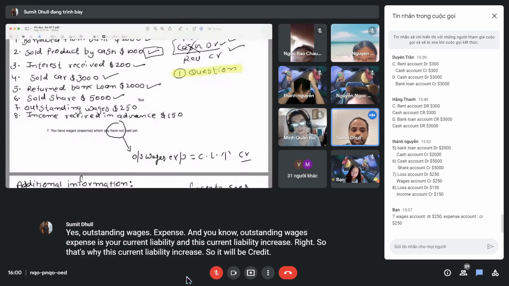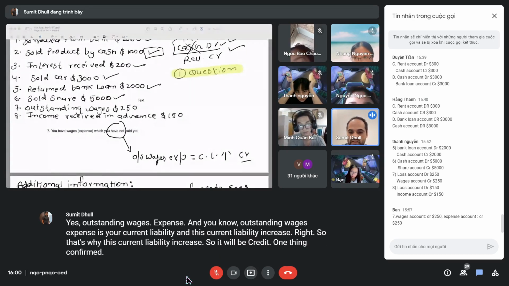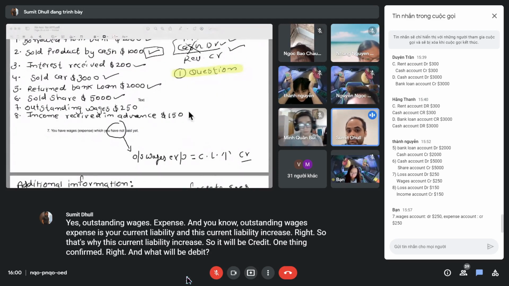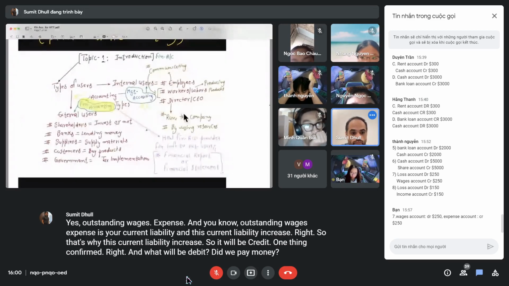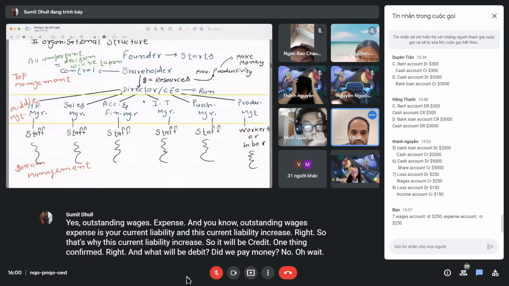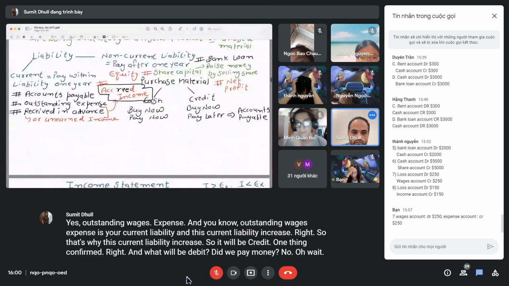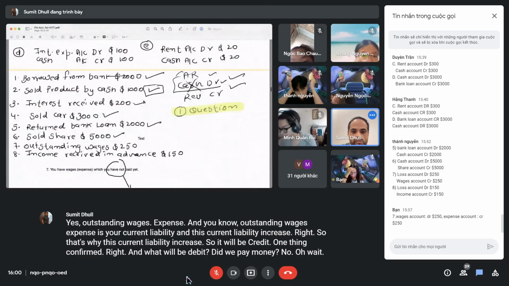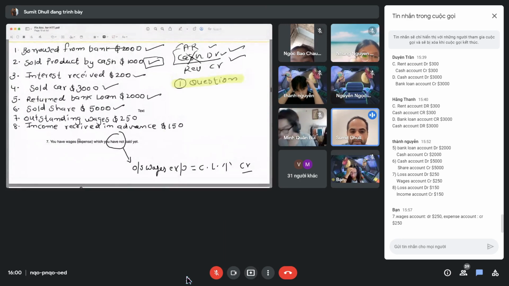One thing confirmed, right? And what will be debit? Did we pay money?